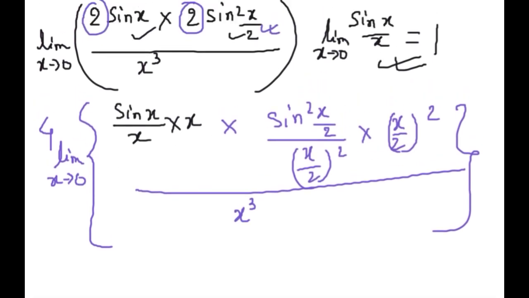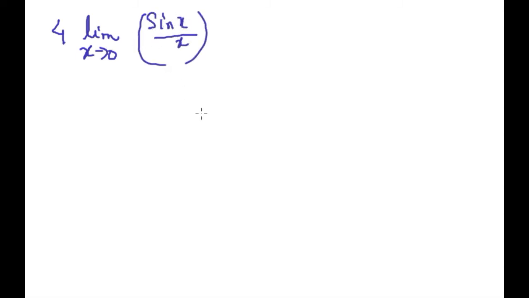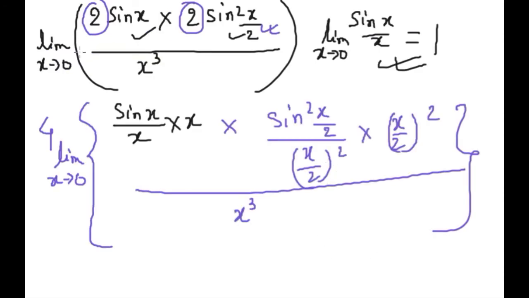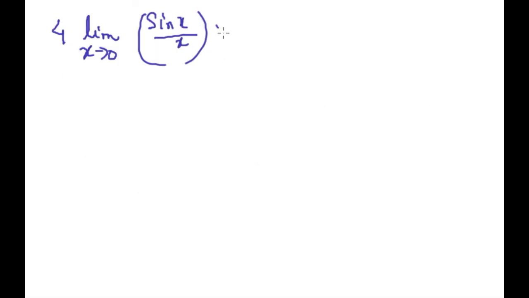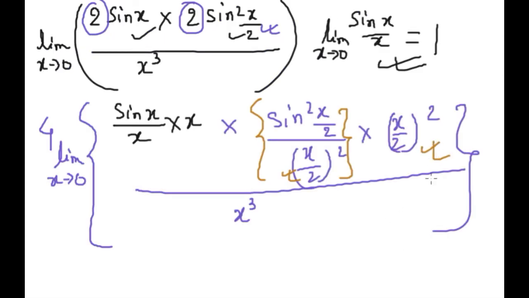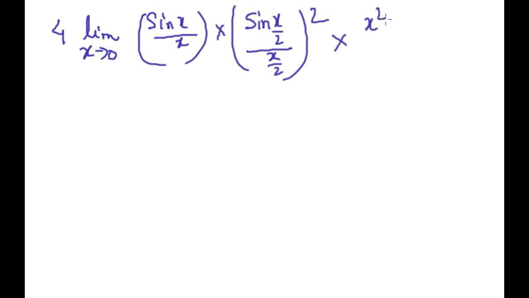Now for limit of x tends to 0, sine x by x is one part. Next part is this one. We can write sine x by 2 by x by 2 whole square, and this is x square by 4.